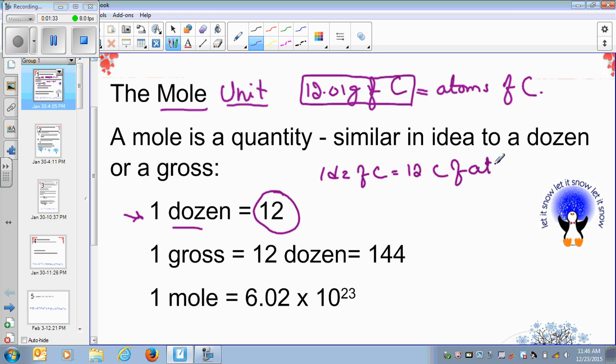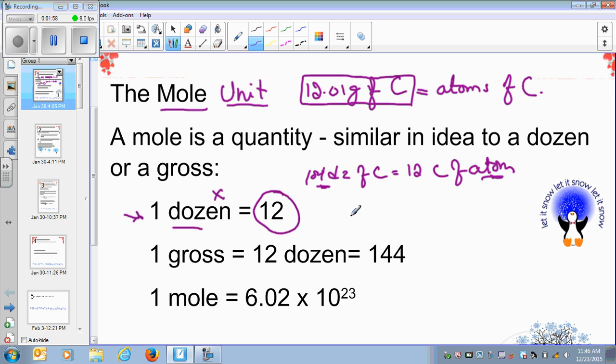But the problem with the dozen is that the atom is so small that 1 dozen is not enough for me to do anything with, or even to be able to see it. So they said, okay, 100 dozen, 1,000 dozens, a million dozens. It is still not a big enough number for us to hold, to work with, or to have a proper count of. So that's why they could not use the dozen.